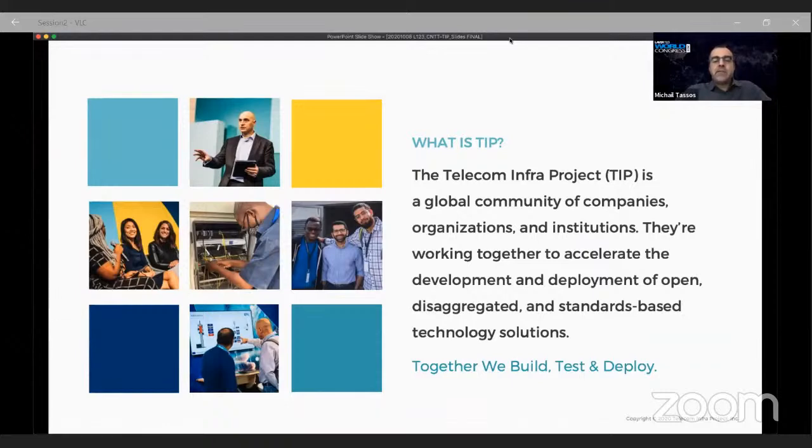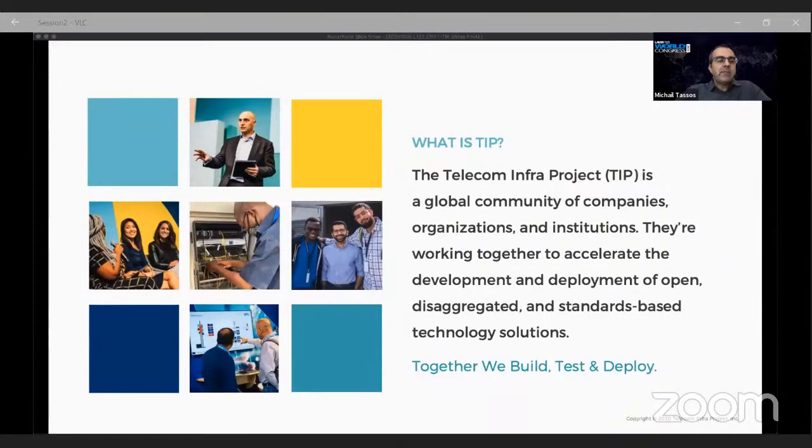The other thing I want to highlight is that we are working closely and partnering with other organizations, such as CNTT in this particular discussion, but also with organizations like GSMA, for example, because our goal is to use and leverage existing standards, but with our focus on creating implementations of different technology solutions and taking them to market.